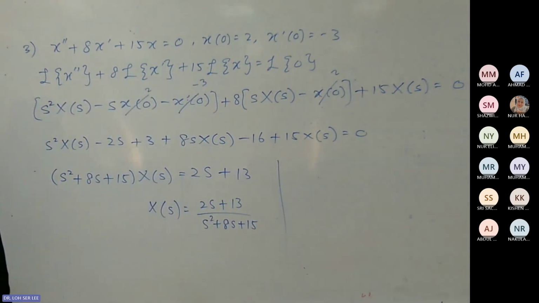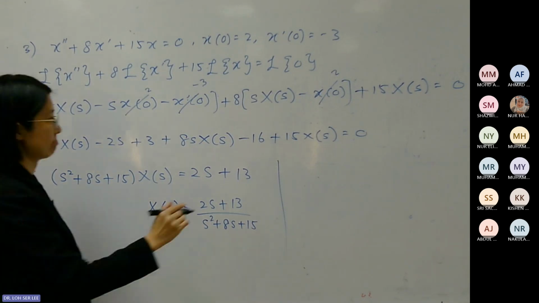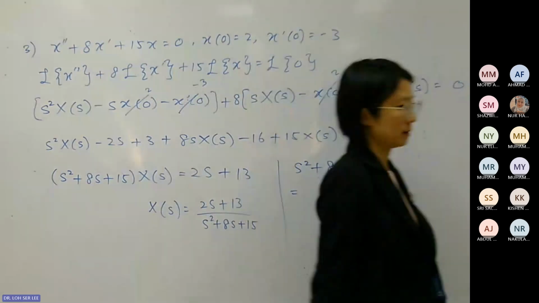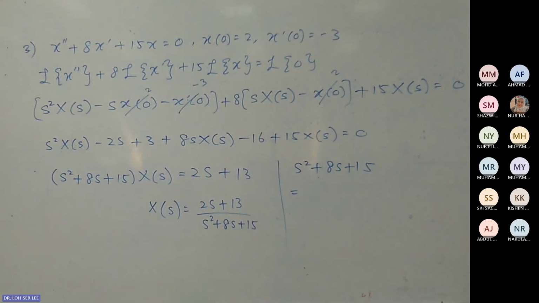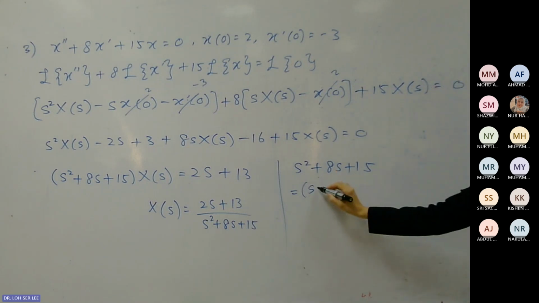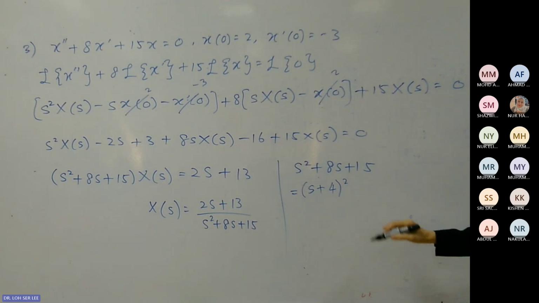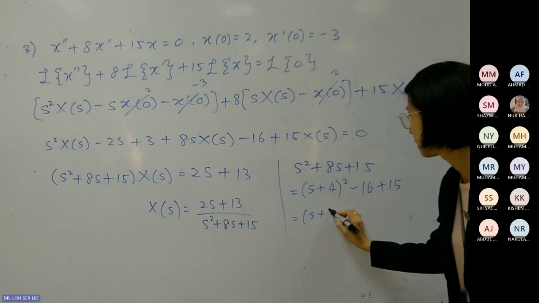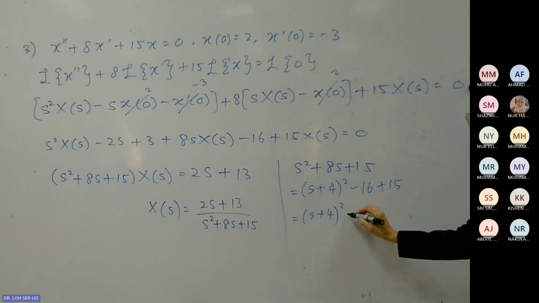Okay, the square. S plus 4 squared minus the square of 4, 16, plus 15. So you have a minus 1.